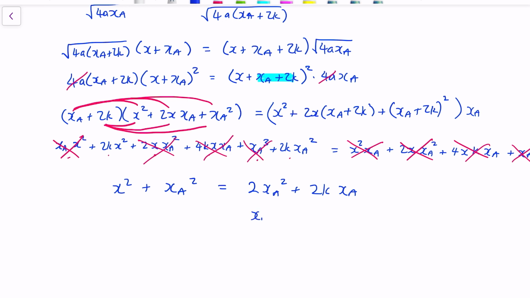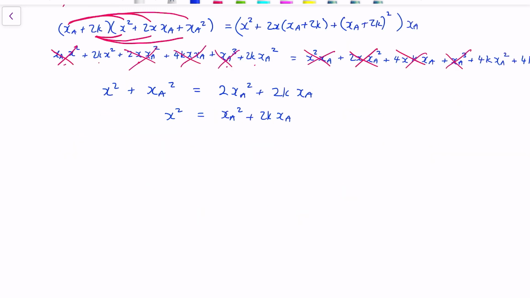Moving stuff around. Okay, so this tells us that our x value of P is the square root of xa times xa plus 2k. To find the y value of P, we just need to use one of the tangent equations.